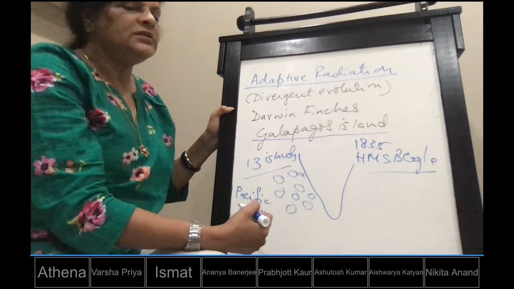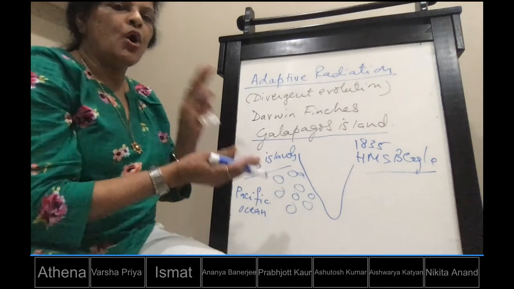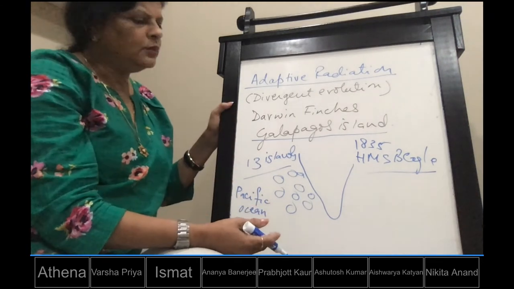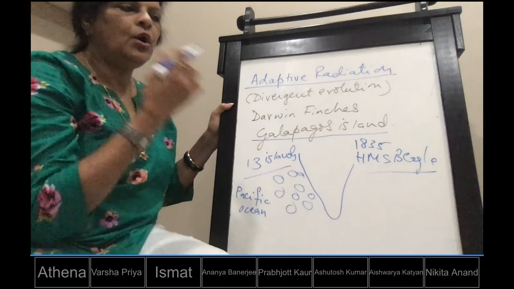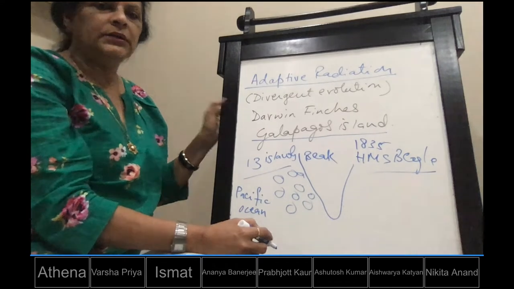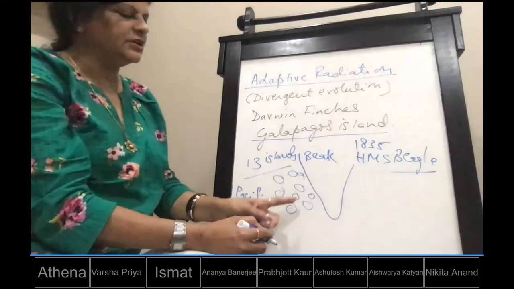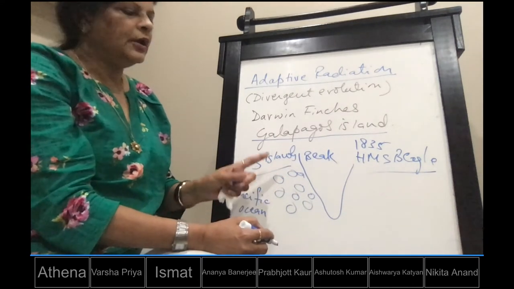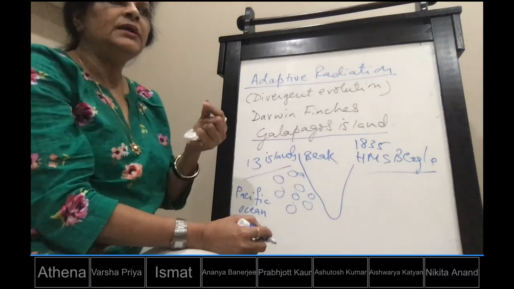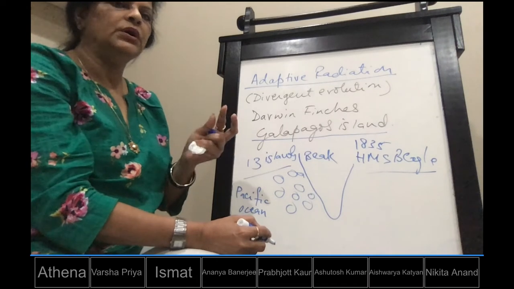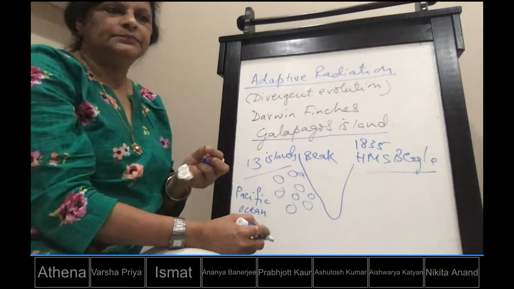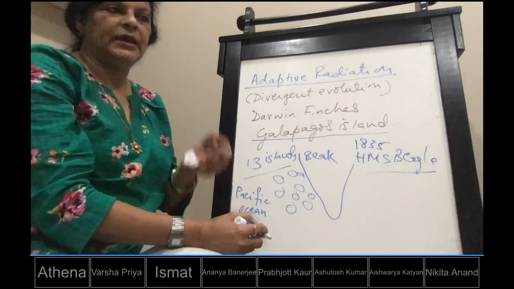So basically, he studied small dark birds found in these islands, and he found that the beak of the bird was very different from each other in these islands. Now, the beak of a bird is adapted to the food of the bird, like a grain eating or seed eating bird, say a sparrow.